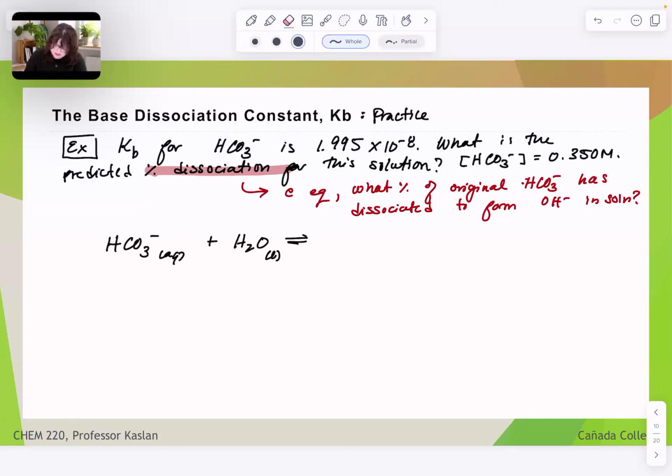This will establish a dissociation equilibrium where the water is going to protonate our weak base. So this is going to become H2CO3. And then that will leave behind hydroxide.